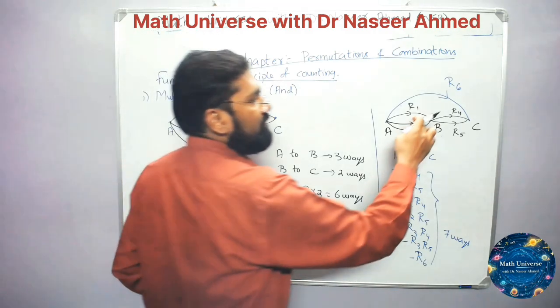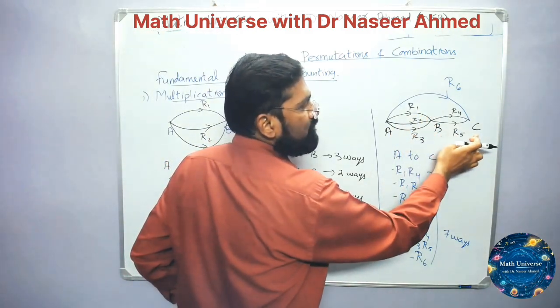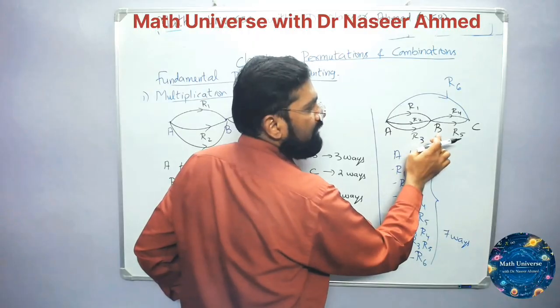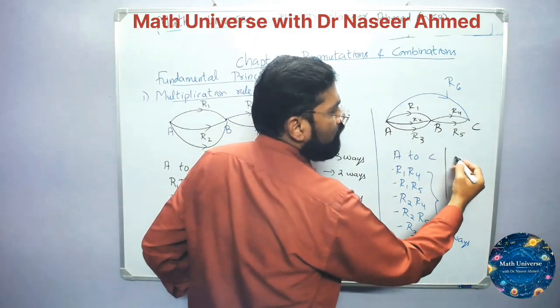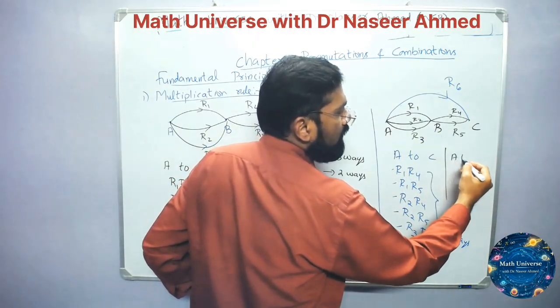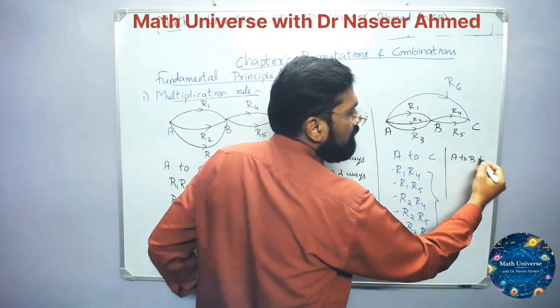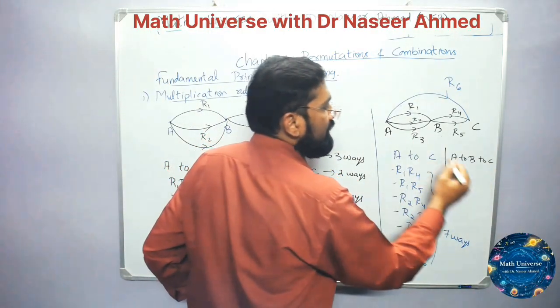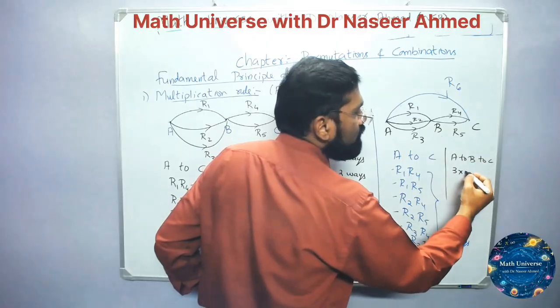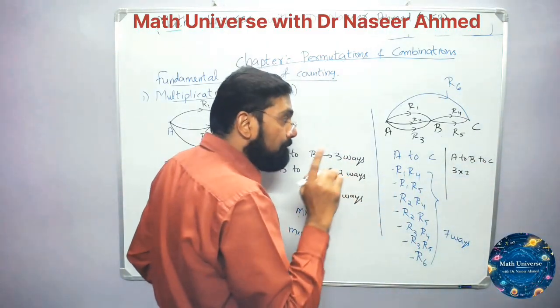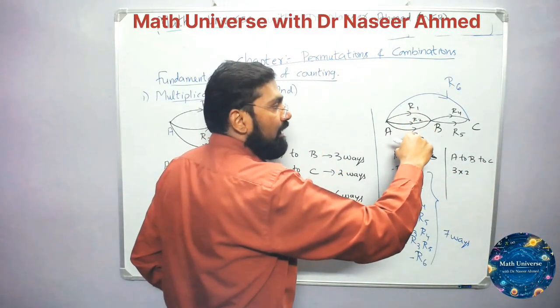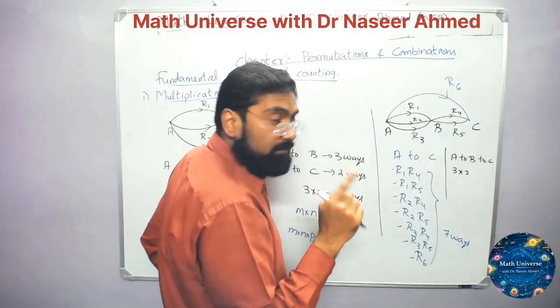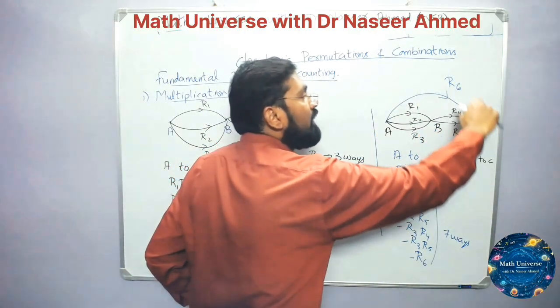To reach C from A through this event, B is required. So when I go from A to B, then B to C, to reach C there, here 3 into 2, correct? Since this is of AND type, correct? But when I go from here to here, it is what?